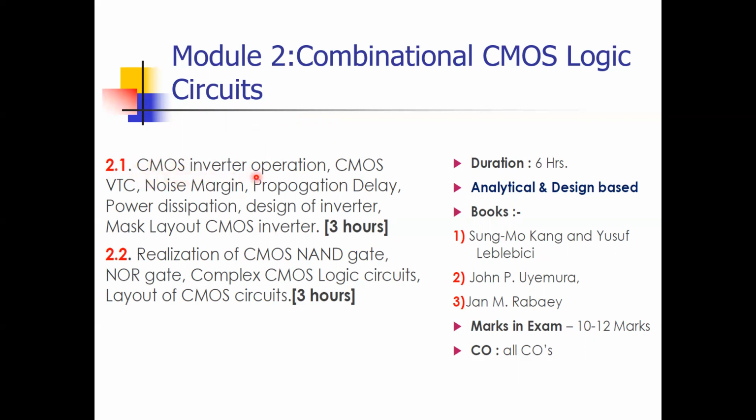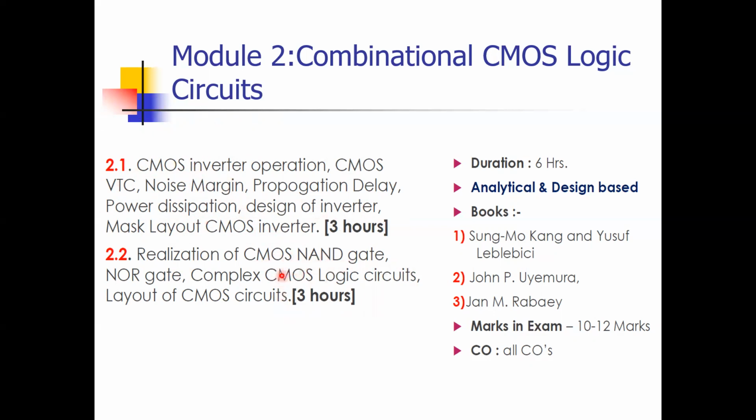So, the CMOS inverter: how CMOS works like an inverter, then what a VTC, voltage transfer characteristic, is, how the noise margin is calculated, what the delay is, and what the power is, because these are the main design trade-offs for CMOS. You should keep all the design trade-offs in mind when you are designing something. And the layout of all the circuits, definitely. Once the basic CMOS inverter is clear, then you can realize the CMOS NAND gate.